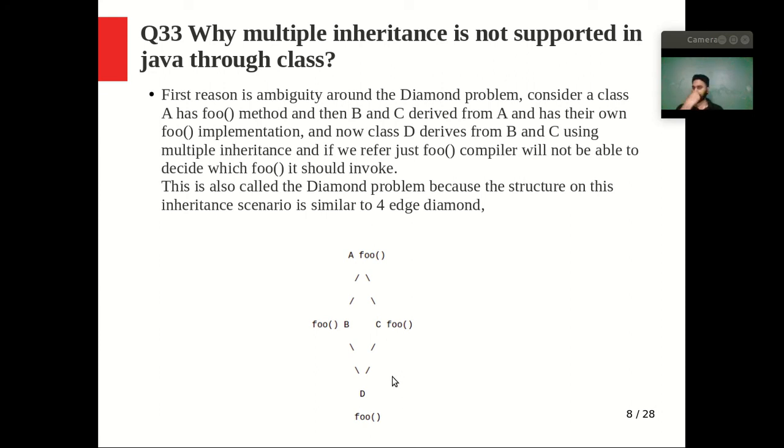So for this reason, multiple inheritance has been removed from Java, to keep Java a simple language, right? So this is the first reason, the ambiguity or diamond problem.